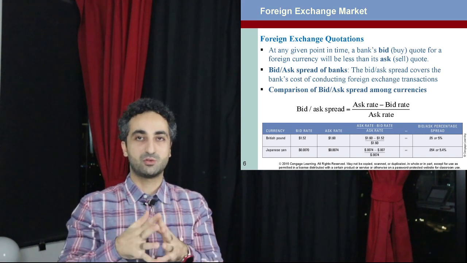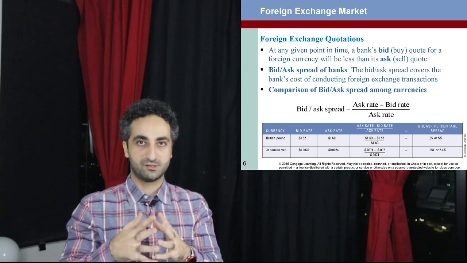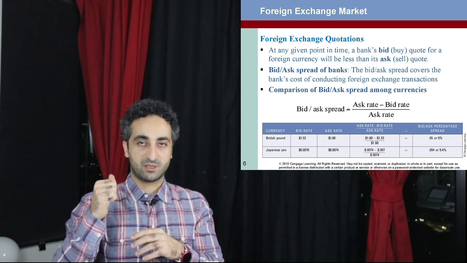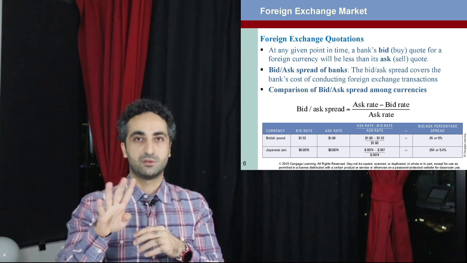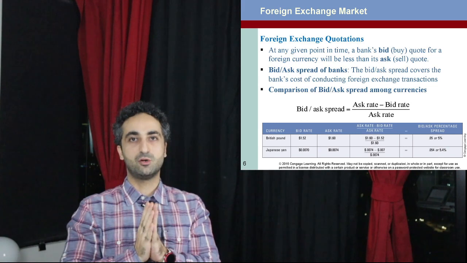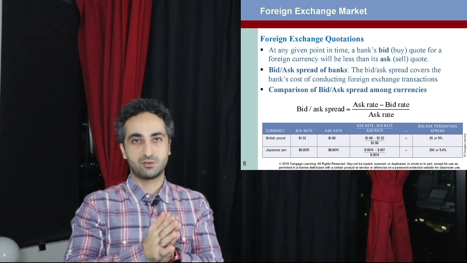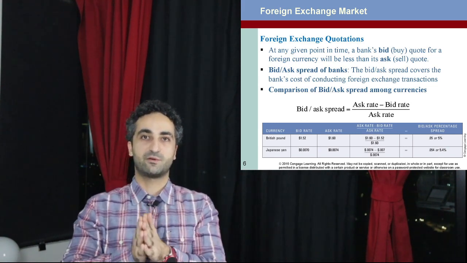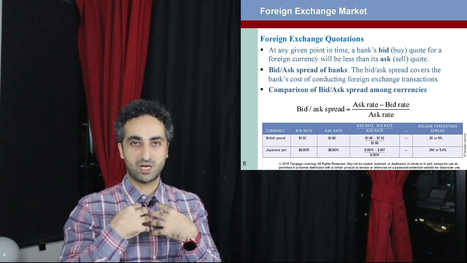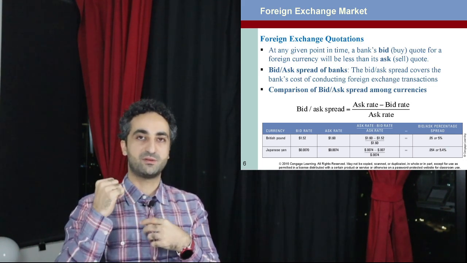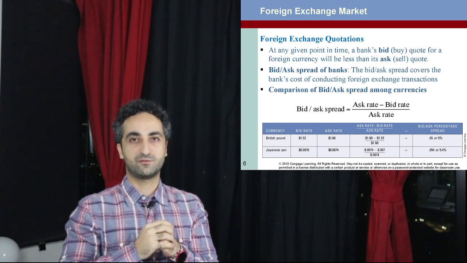So you come, you need dollars. Let's say my bid price for USD is 4.0. So you need 1000 USD, you pay me 4000 ringgits. Okay, so to buy from me, you need to pay me this much for 1 unit of USD.